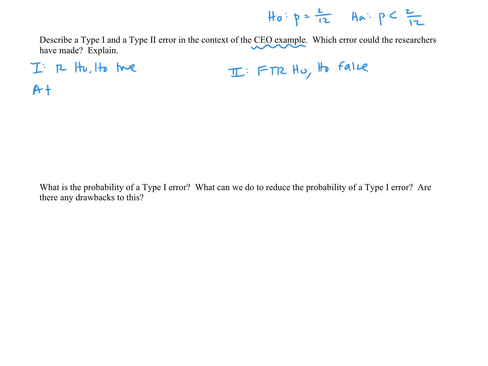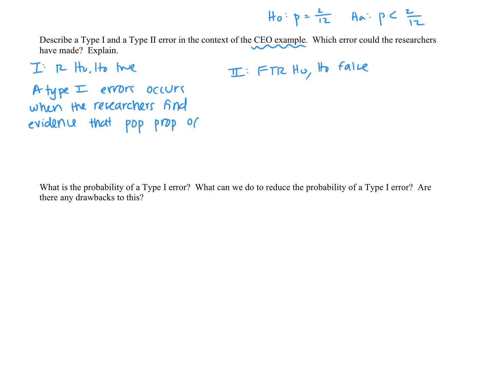So a type 1 error occurs when the researchers find evidence that the population proportion, or the true proportion, of corporate CEOs born in June and July is less than 2 out of 12.